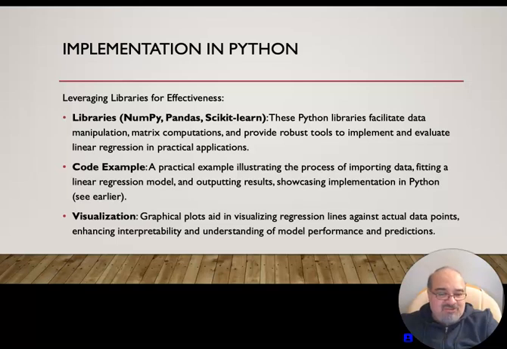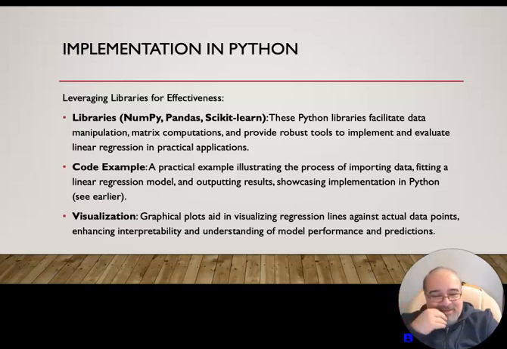And so visualization tools like Matplotlib, Seaborn, etc., will help interpret the model's performance by plotting the regression lines and the residuals. And implementing linear regression in Python is really streamlined by using libraries like NumPy for numerical operations. Pandas, of course, also is essential for data manipulation, and scikit-learn has so many great robust machine learning models.